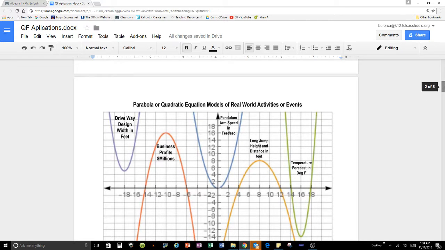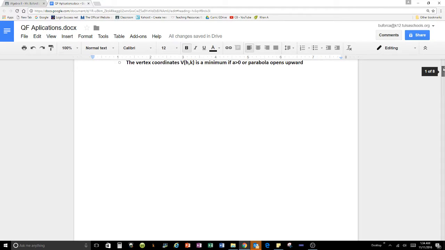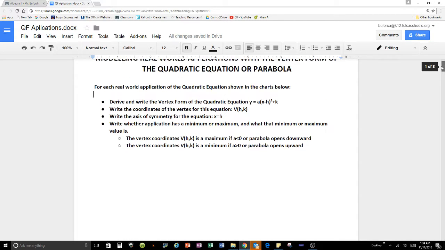So if we go back here, you see, to find the coordinates of the vertex for the particular application that we're looking for, it's pretty simple. It's just v, and whatever that horizontal distance is from the x-axis, and whatever the vertical distance is from 0, that's what the value of k is and the value of h is.